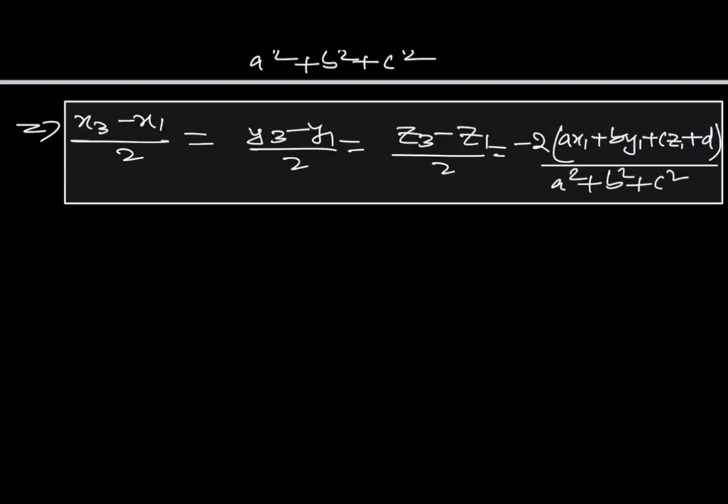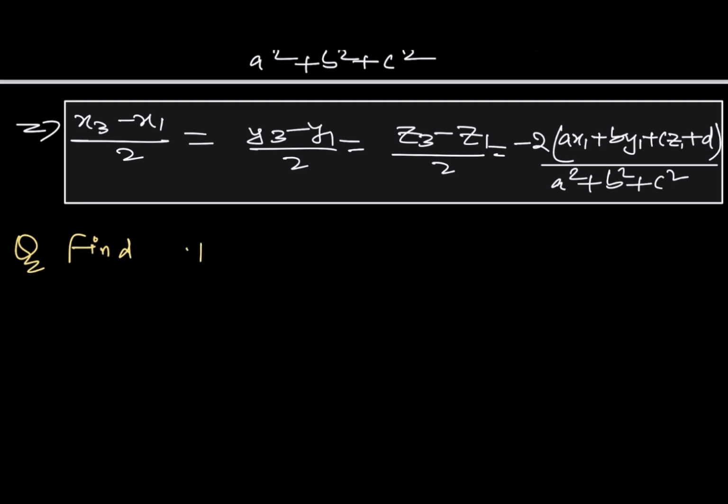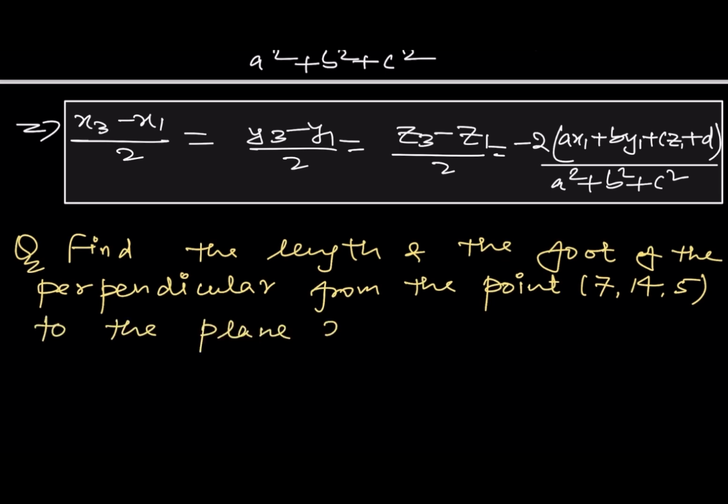Now students, let us come to the question. Question is, find the length and the foot of the perpendicular from the point 7, 14, 5 to the plane 2x plus 4y minus z is equal to 2, right?